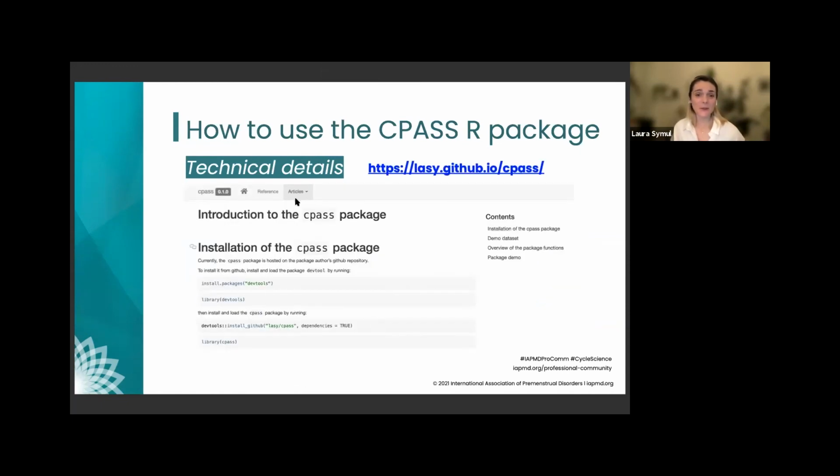So there is also, again, an introduction to the CPASS package page on that website that will really guide you through the steps. And that has a demonstration that shows you all the options that you can find in the package.